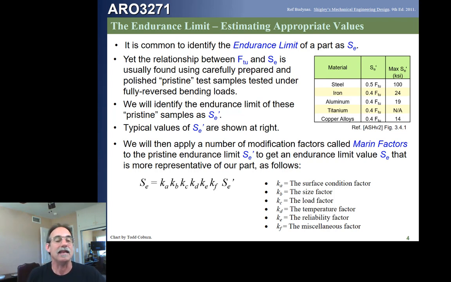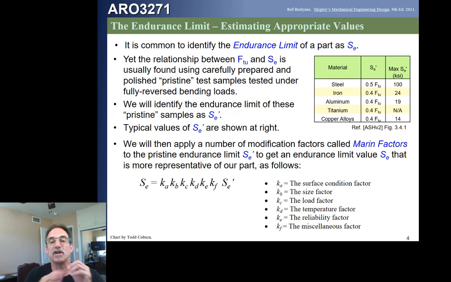For irons, and actually everything else, irons, aluminums, titaniums, and coppers, we're going to assume that S sub E prime is 40% of FTU. We have a cutoff for iron, aluminum, and copper, but not for titanium. That means for titanium, we just use whatever value it gives.